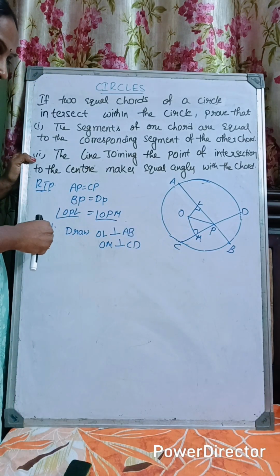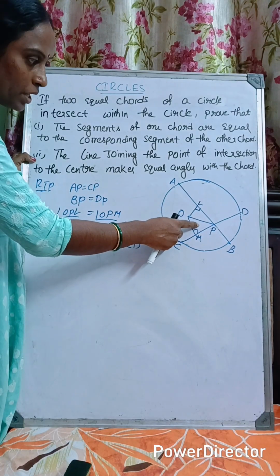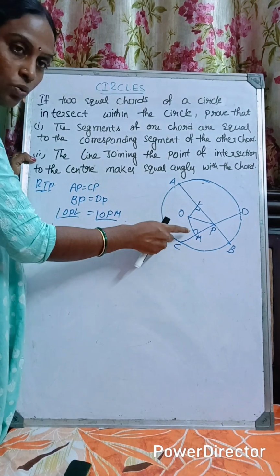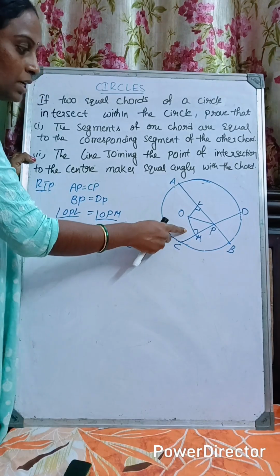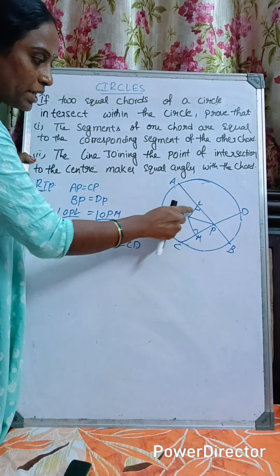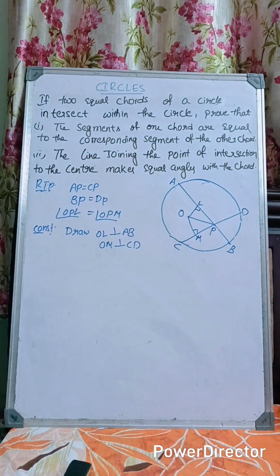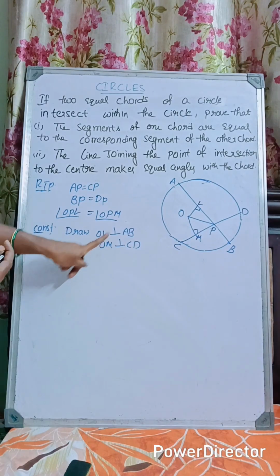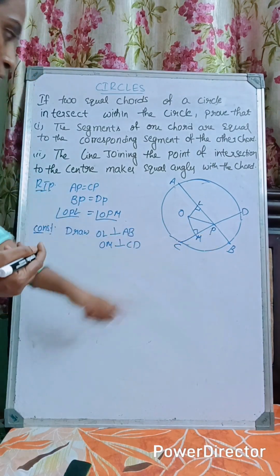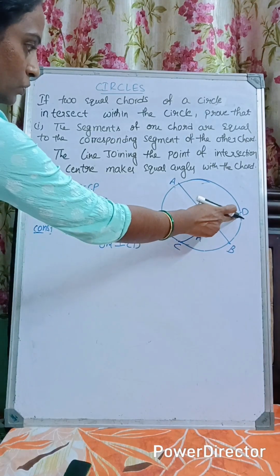And here, to show these two triangles are congruent, OL is equal to OM we can write. Yes. Next one, OP is the common side. Next, OLP is equal to OMP we can write. Correct? So, let's draw. We have drawn the construction. OL is perpendicular to AB and next one OM is perpendicular to CD.